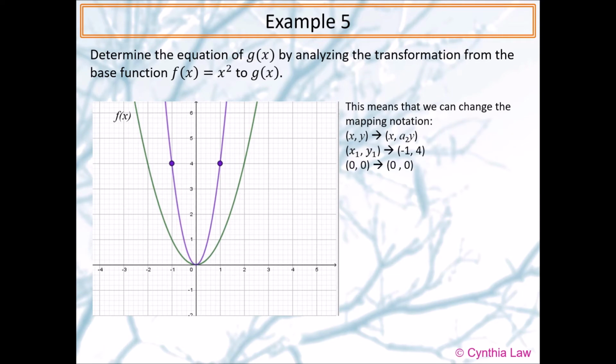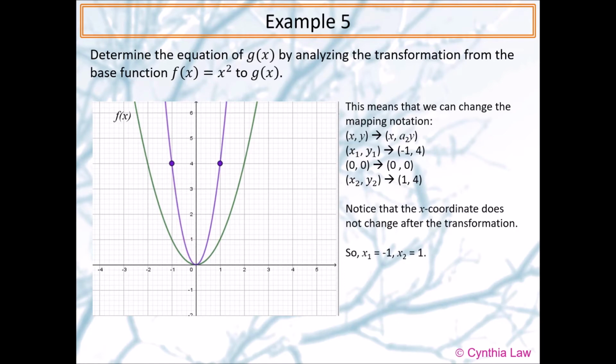So look at our 3 points again. If x hasn't changed, then it means that x subscript 1 is -1 and x subscript 2 is 1. Now all of a sudden we have values to work with without needing to solve equations. So let's look at the graph now.